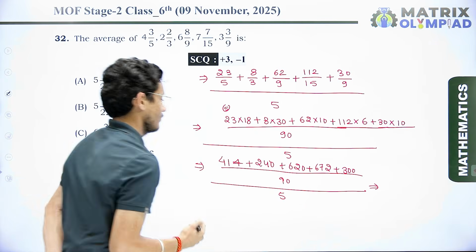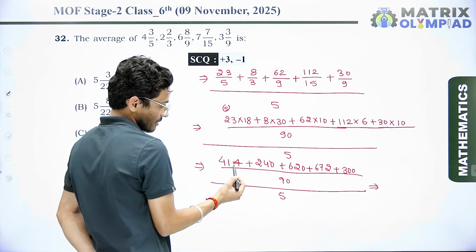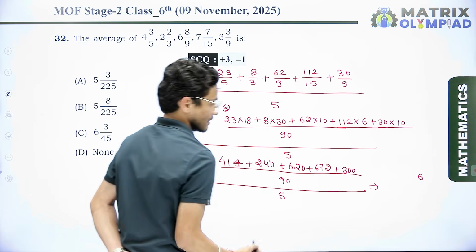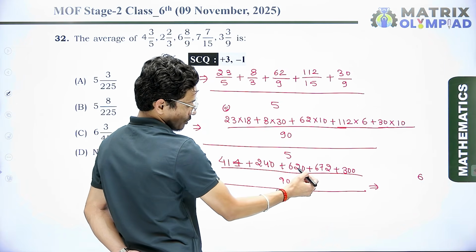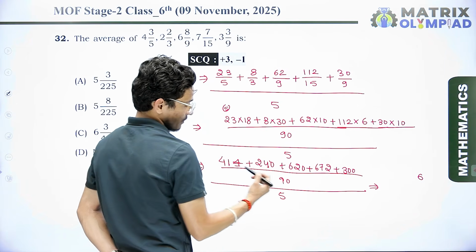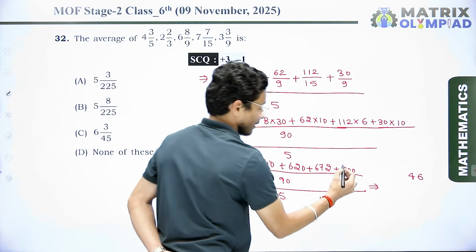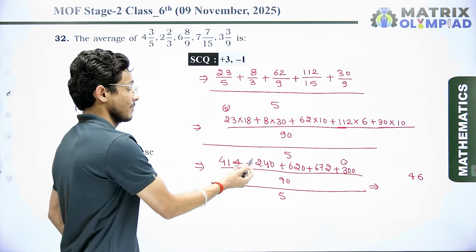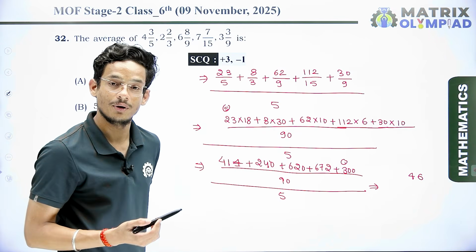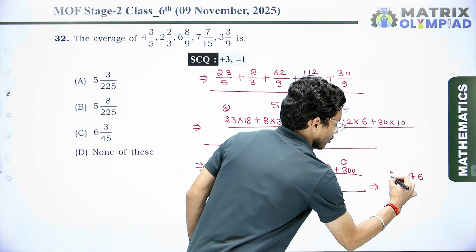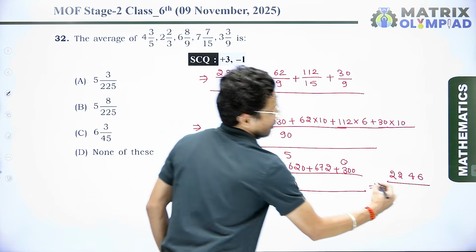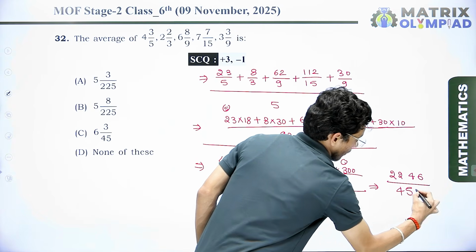So next step, when we simplify it, when we add all these numbers, here we get 4 plus 2, here we get 6, 0, 7, 7 plus 2 is 9, 9 plus 4 is 13, 13 plus 1 is 14. Again we get carry 1, 3 plus 1 is 4, 4 plus 6 is 10, 10 plus 6 is 16, 16 plus 2 is 18, 18 plus 4 is 22, and divided by 9 multiplied by 5 is 450.